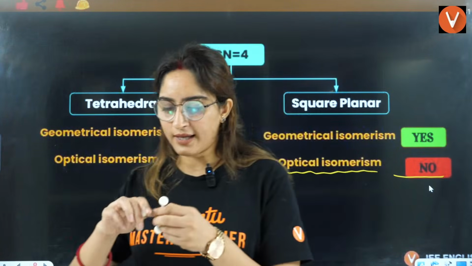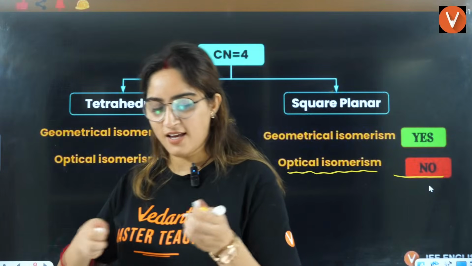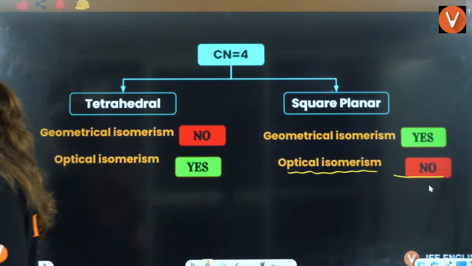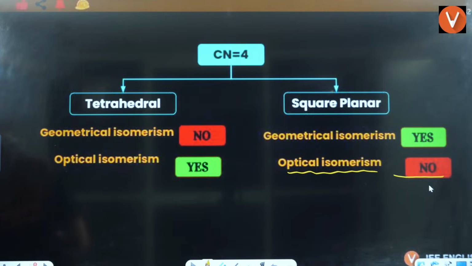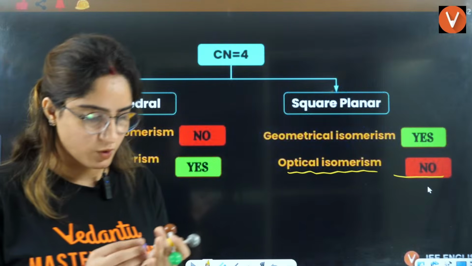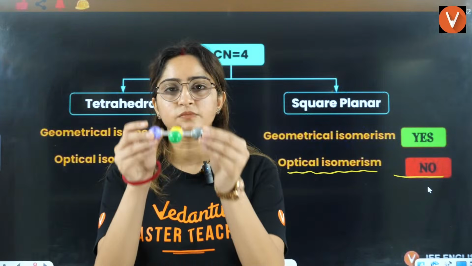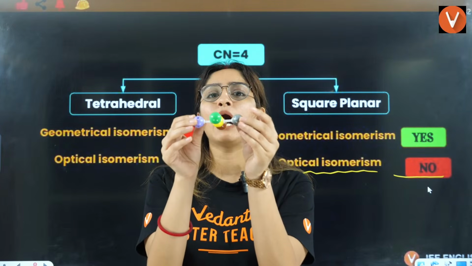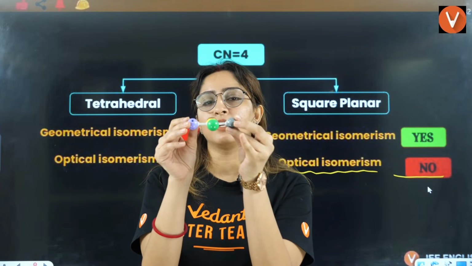See, simple thing is, let's take all of them different. I'll take one green atom, one brown atom, one gray atom, and one purple atom. How does it have a plane of symmetry?